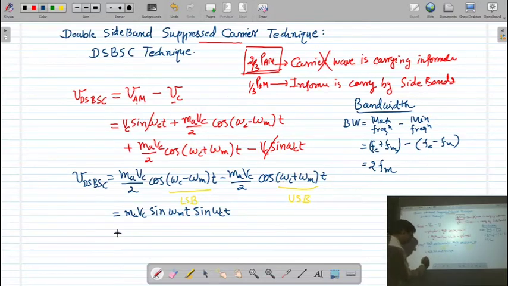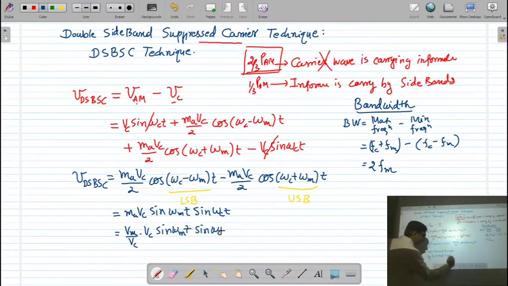Now what is Ma? Ma is Vm by Vc. So Ma Vc sin omega mt sin omega ct, and when Vc is cancelled, this is written as Vm sin omega mt into sin omega ct.